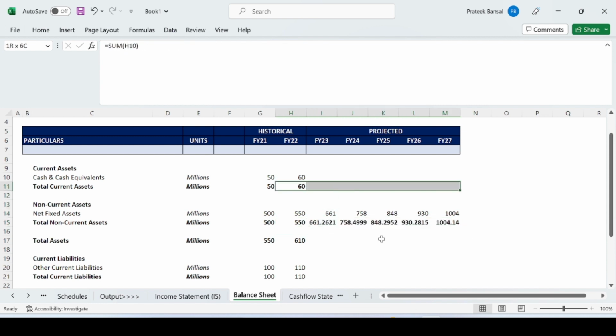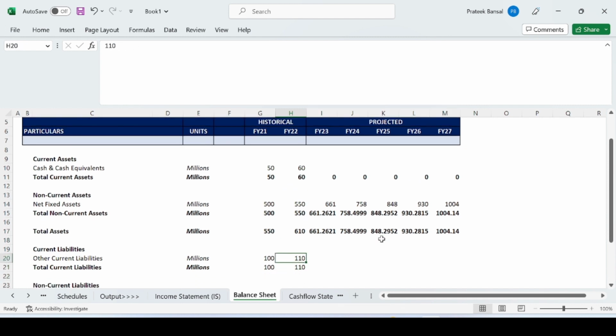Right. Now we can come around to the OCL, that is the other current liabilities.